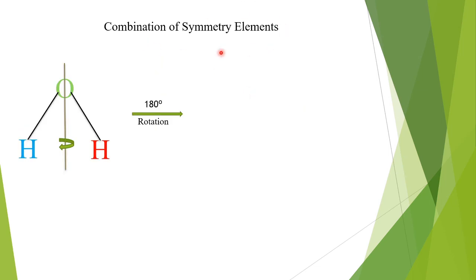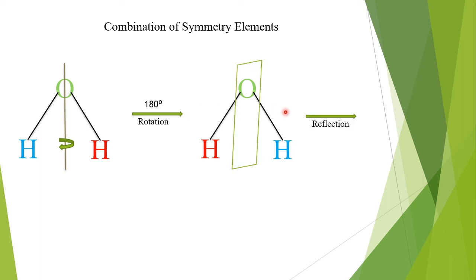Coming back to combination of symmetry elements, the first symmetry operation we performed here is rotation through 180 degrees, and we got a similar appearance, with the hydrogens exchanging their positions. Next, I am performing another symmetry operation, that is reflection.